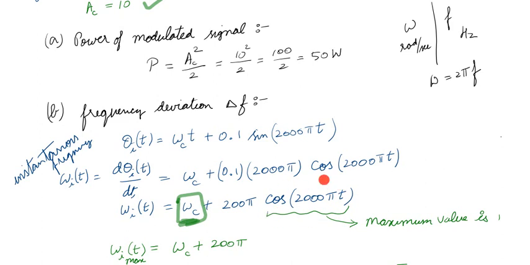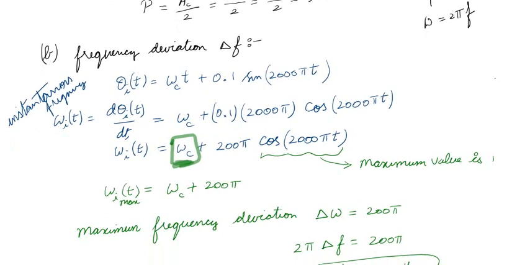So if this is 1, omega c is deviating up to 200 pi. The maximum frequency omega_i would be omega c plus 200 pi. So the maximum frequency deviation is 200 pi.